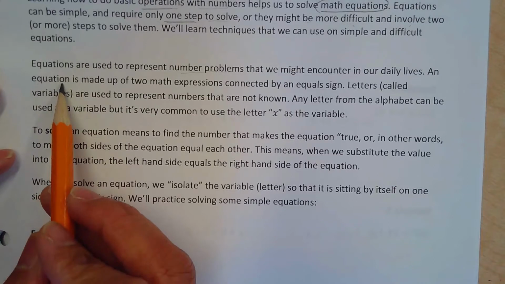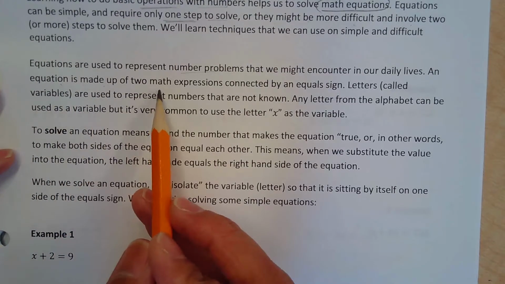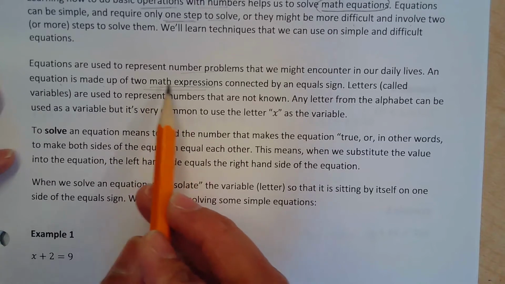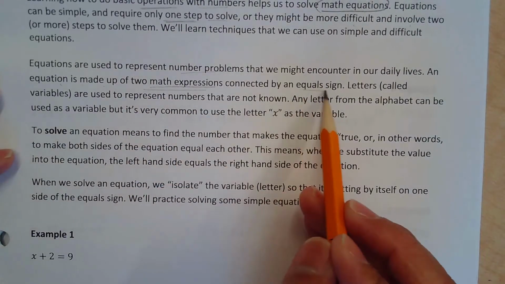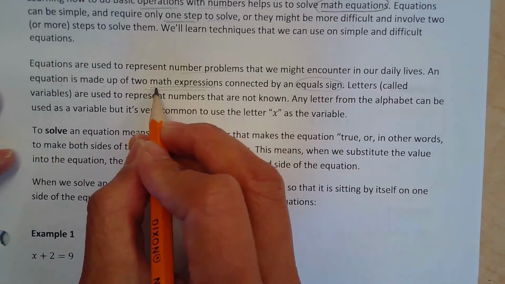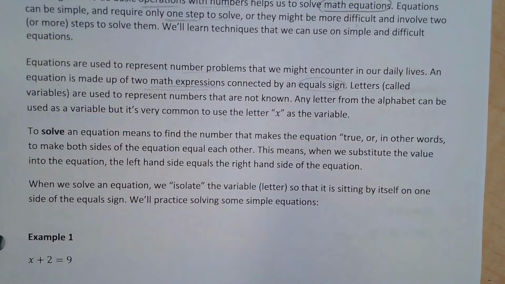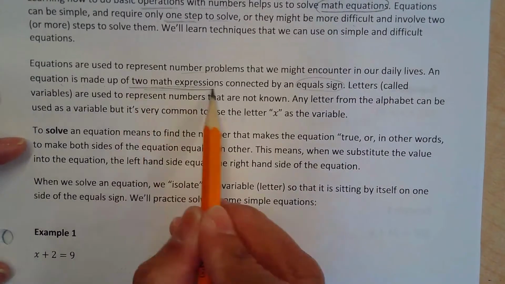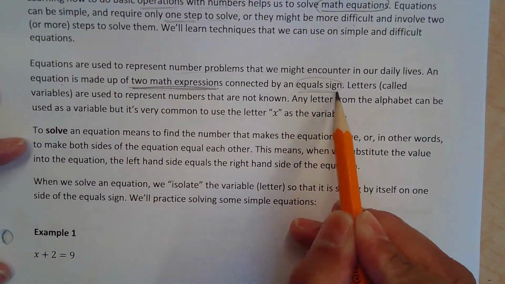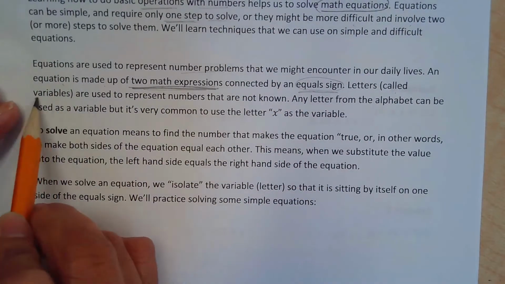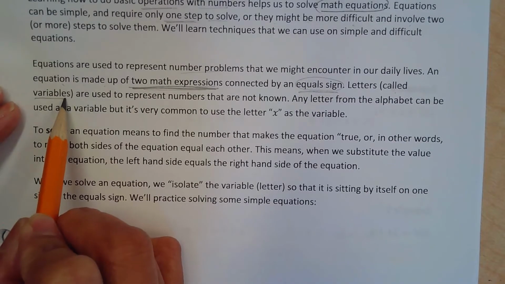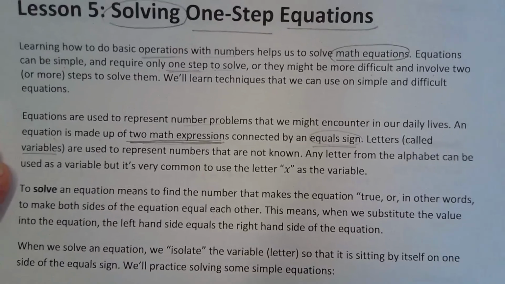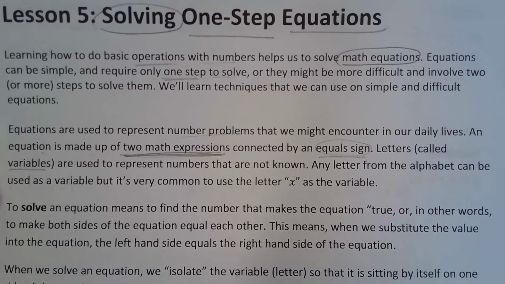Equations are used to represent number problems that we might encounter in our daily lives. An equation is made up of 2 math expressions, so we talked about that. 2 math expressions connected by an equal sign. So you've got one on the left of the equation and one on the right of the equation. Letters called variables represent a number that we have to figure out.